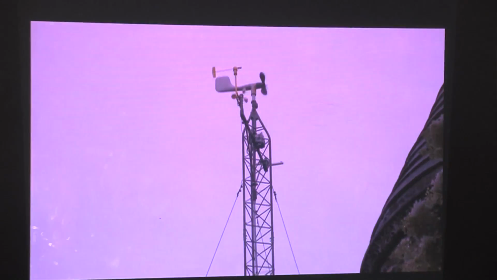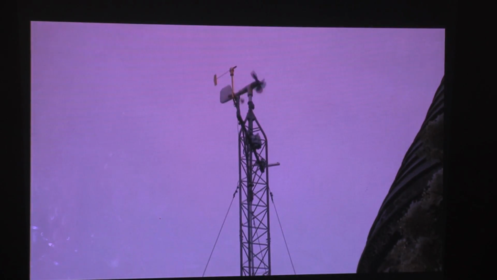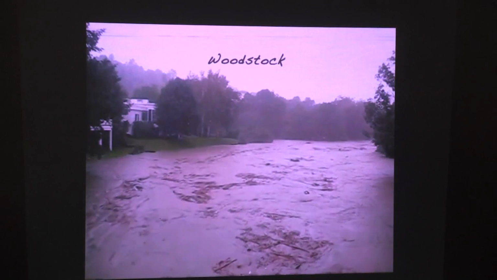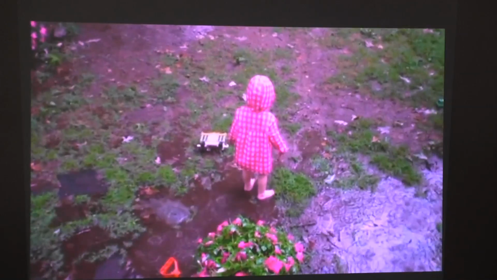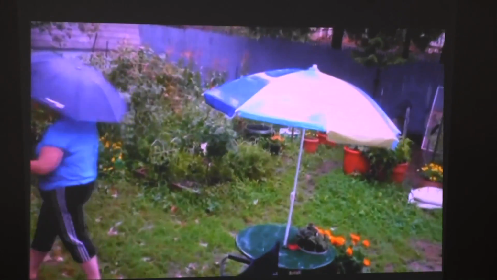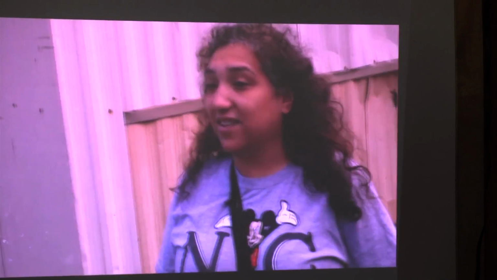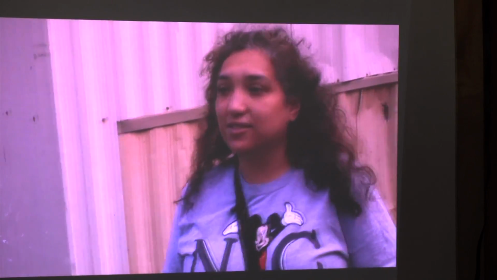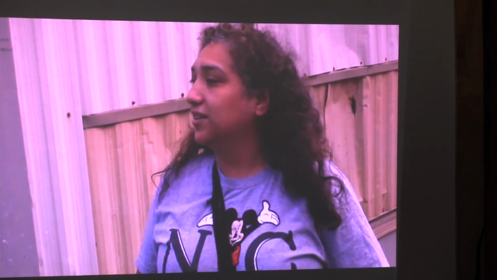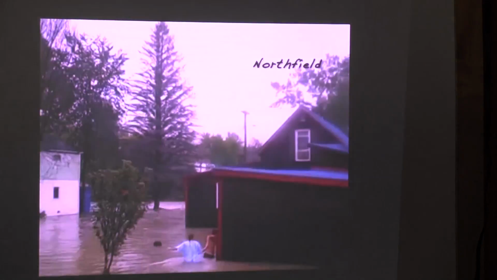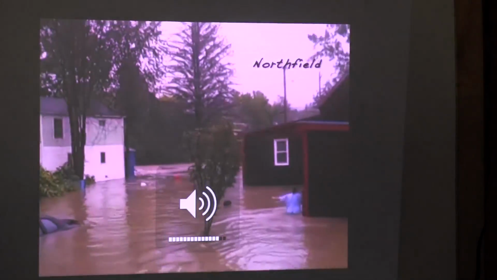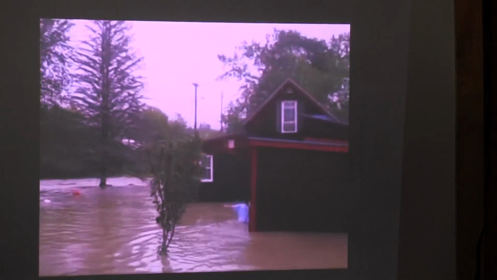Hurricane Irene is churning north-northeast at about 15 miles per hour and bringing torrential rain along the spine of the Green and White Mountains. Flooding of every major river in Vermont will occur. We lost everything. We lost all of it. All the washouts aren't hampering cleanup efforts.